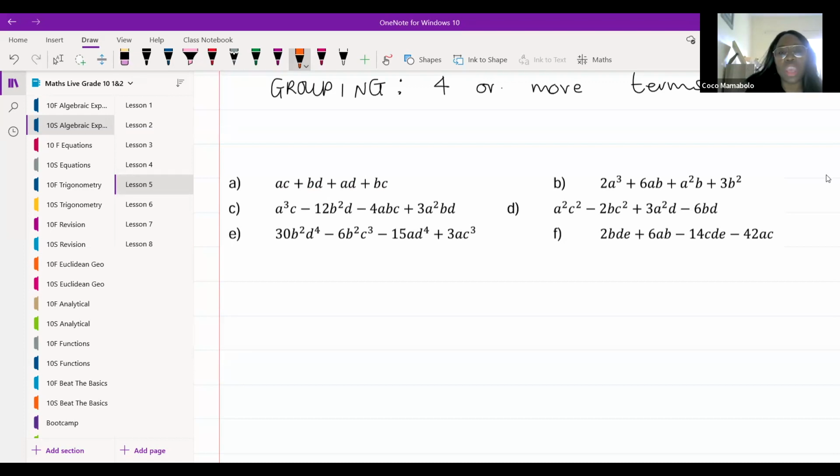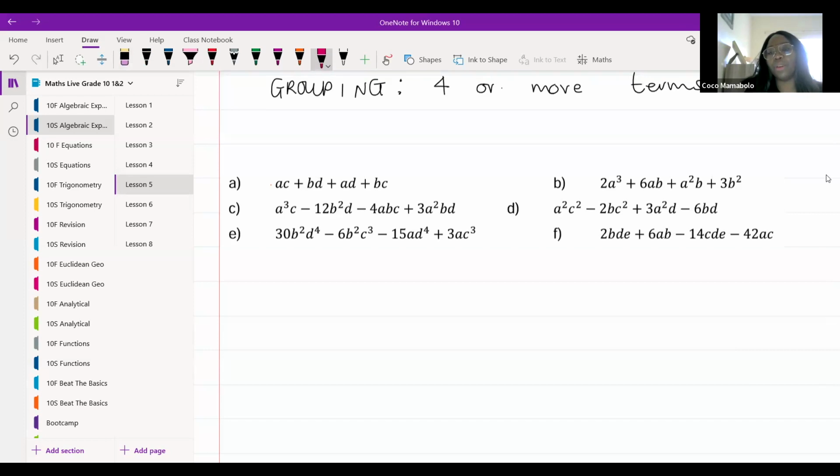If I take AC plus BD, do we have anything in common there? Do we see anything in common? No, nothing in common. So I can't group those 2. Which 2 do you guys want to group? Give me an example of 2 of them that we can group together.